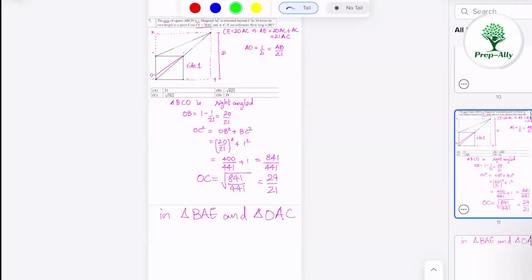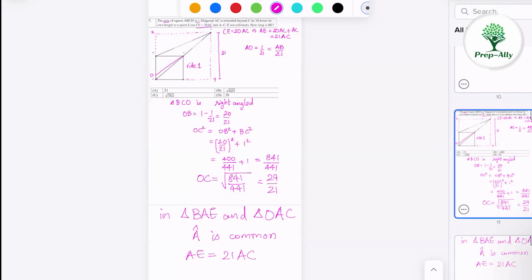So it's this triangle here. So in these two triangles, we have angle A is common, and we have AE equal to 21 AC.